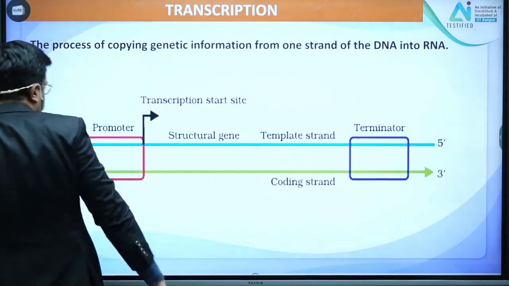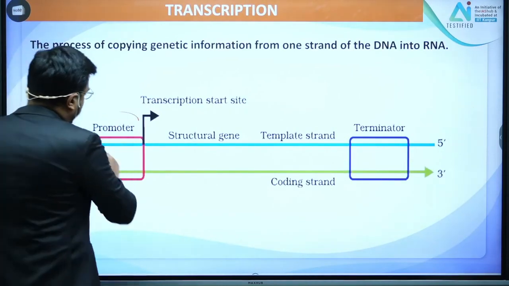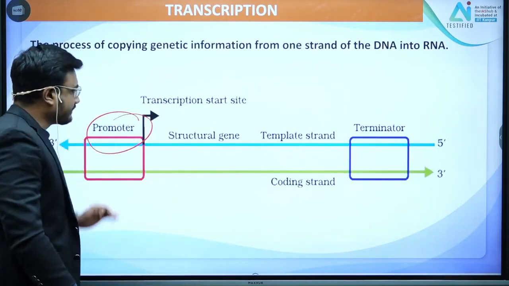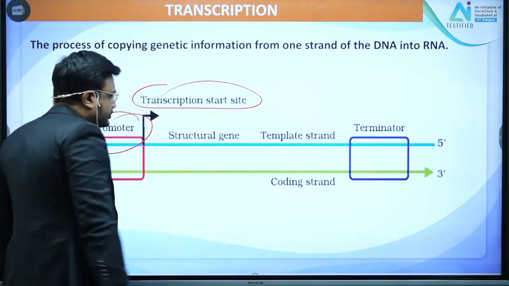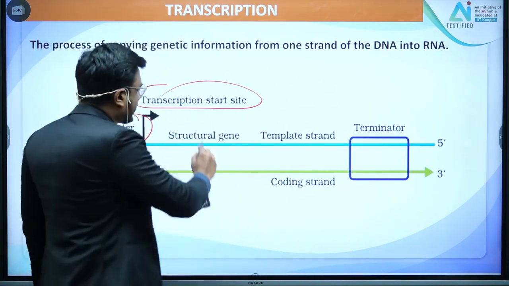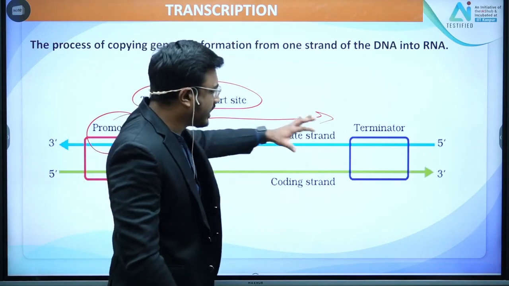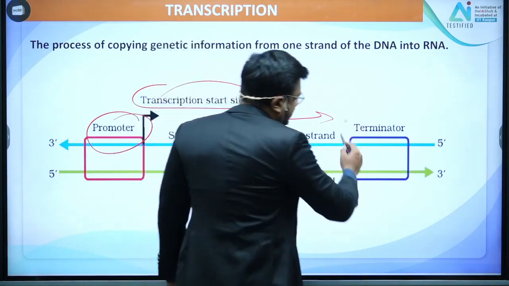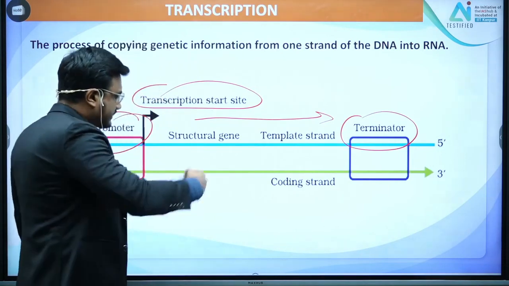In the case of eukaryotes, as the RNA polymerase gets associated with the promoter, transcription starts. As transcription proceeds, the RNA polymerase travels and then encounters the terminator sequences, which leads to the formation of the RNA.